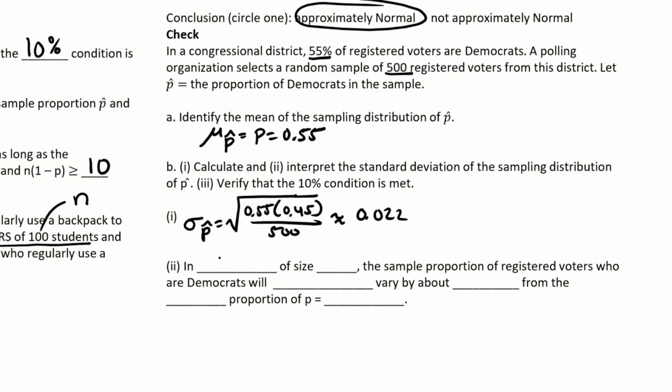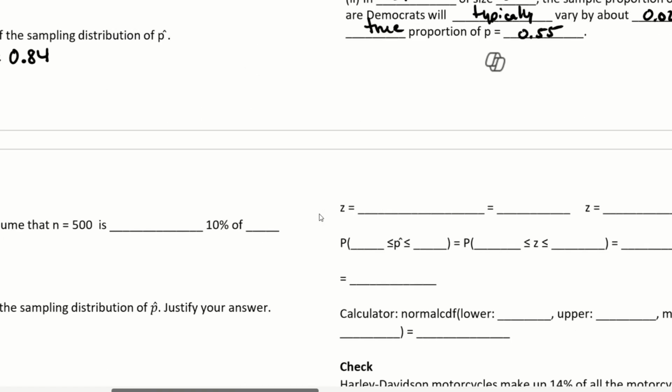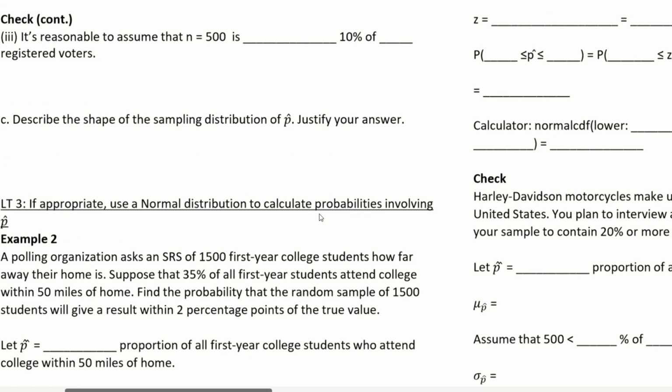So in simple random samples of size 500, the sample proportion of registered voters who are Democrats will typically vary by about 0.022 from the true proportion, p, which is 0.55. Okay, and then last part of the check, so we can pause that if you want to try it.